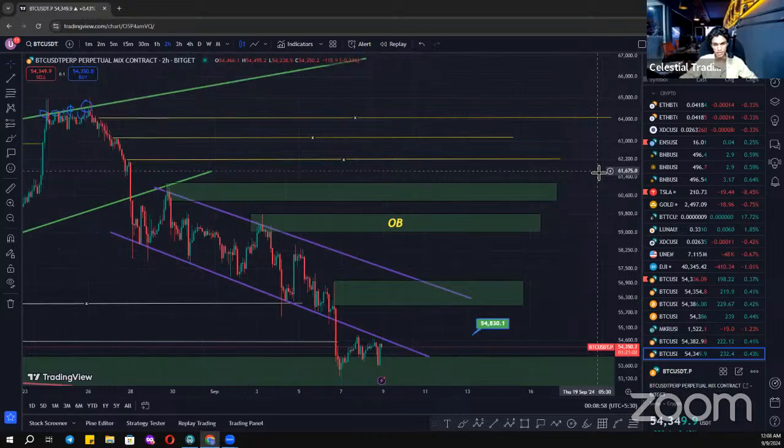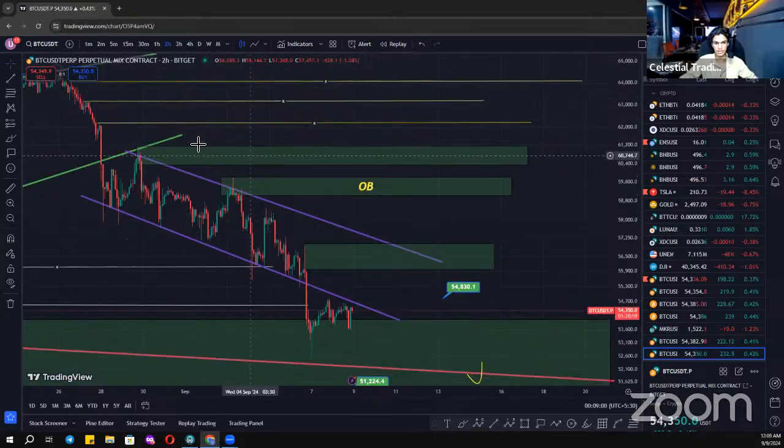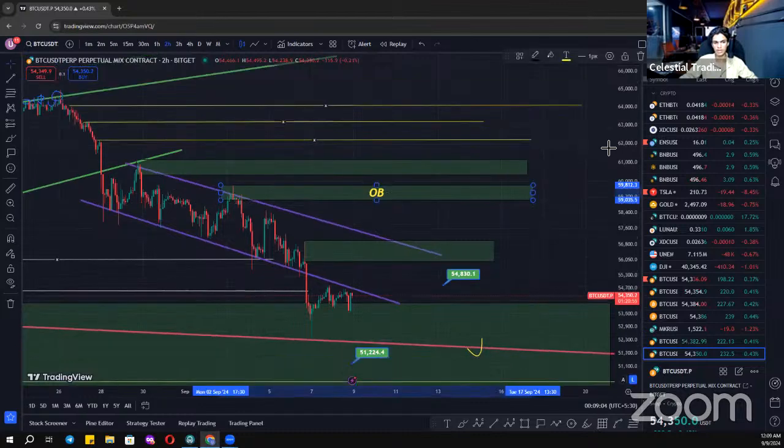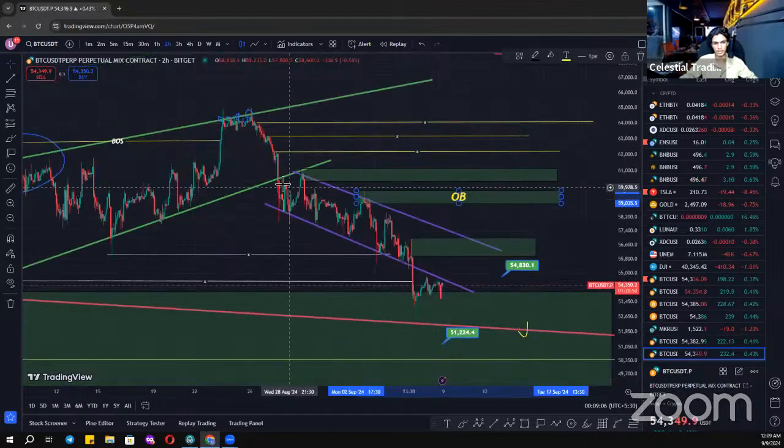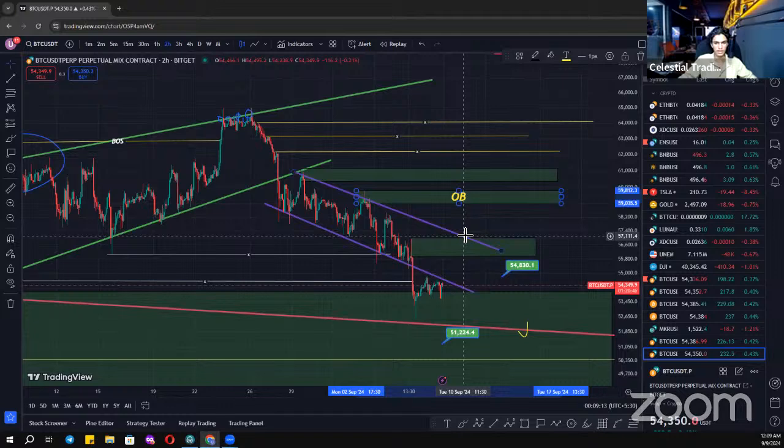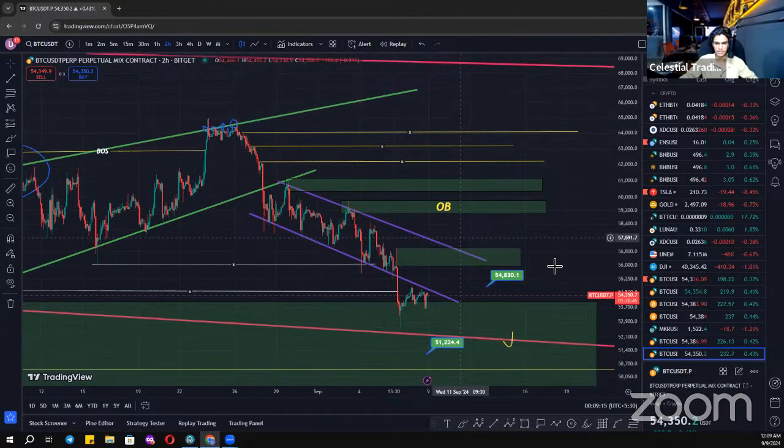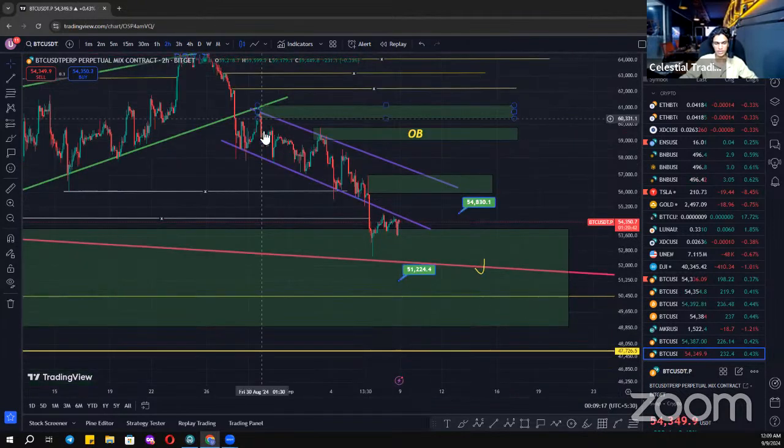Okay, now we have three major zones over here. As you can see, the market did not respect any of the order blocks. It was so aggressive, it was only respecting this trend line, and we can see there was an accumulation and a manipulation, and we go for a distribution on this side.